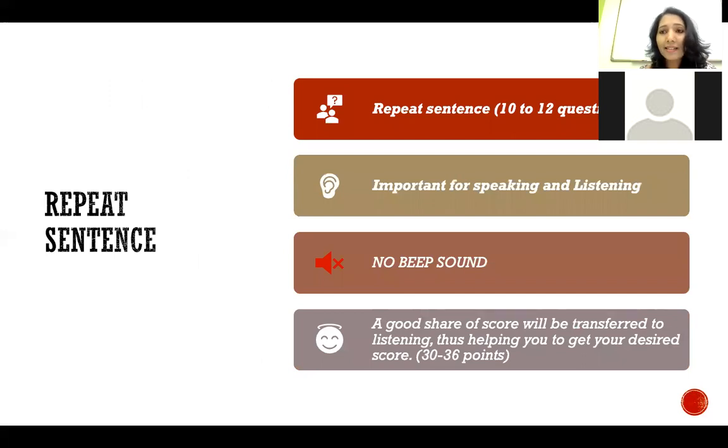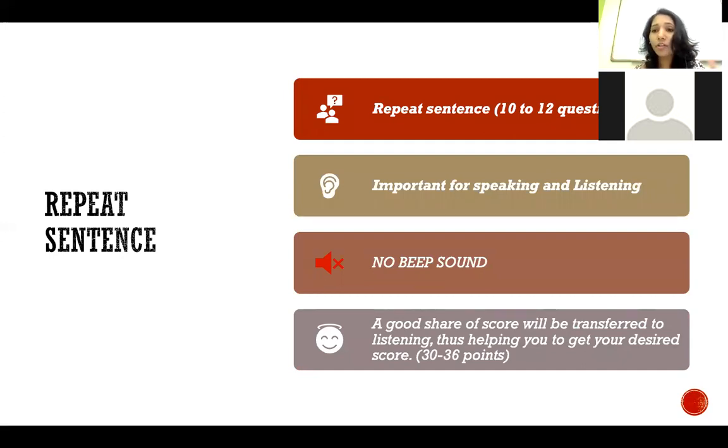Repeat sentences is quite an important question type for your listening module as well. It can transfer 45 points towards listening. In your test, just after you finish your read aloud, you will be starting with repeat sentences. Repeat sentences has about 10 to 12 questions. It's important for your speaking as well as your listening.